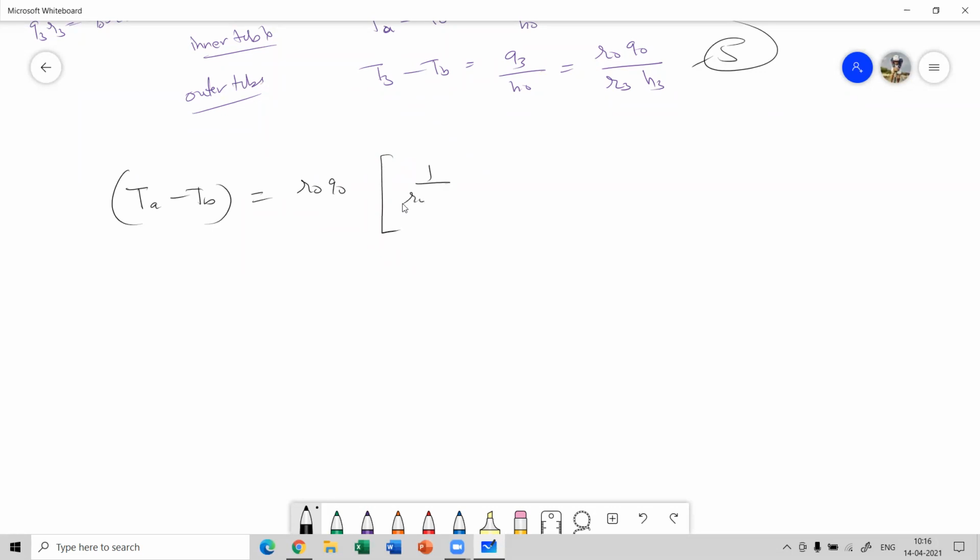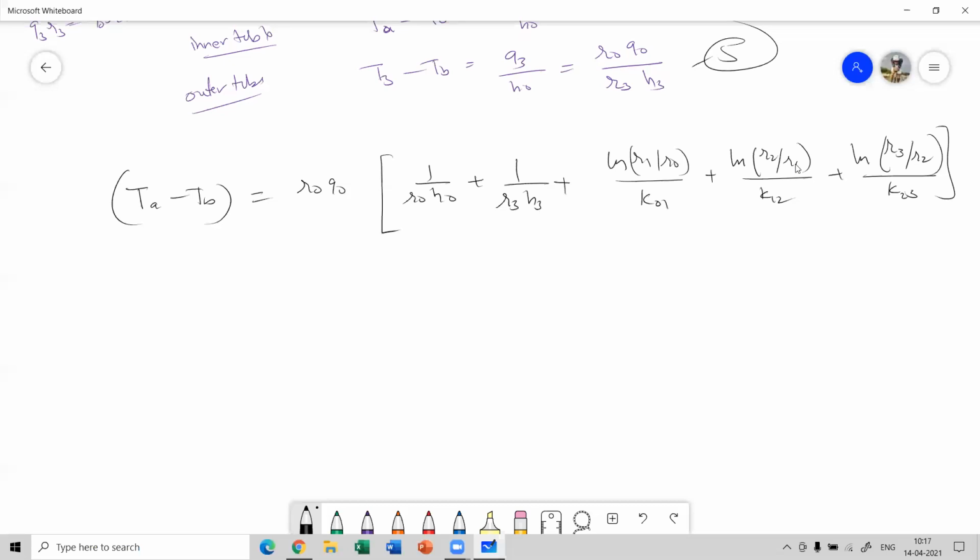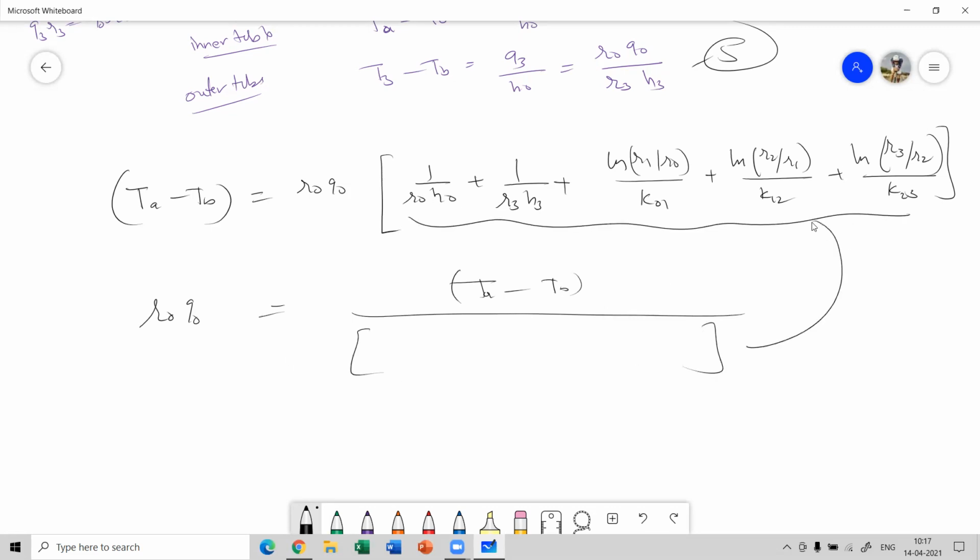So what we have is 1 by r0 h0 plus 1 by r3 h3 plus ln(r1/r0) by k01 plus ln(r2/r1) by k12 plus ln(r3/r2) by k23. So we have this. Also, we can find out what r0 q0 is. It's Ta minus Tb over this expression. This entire expression can be kept over here.